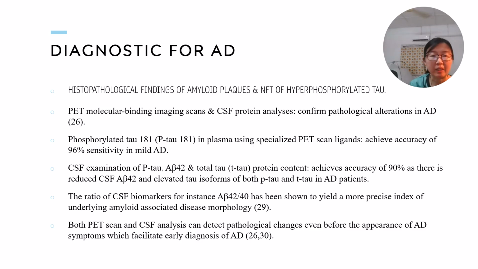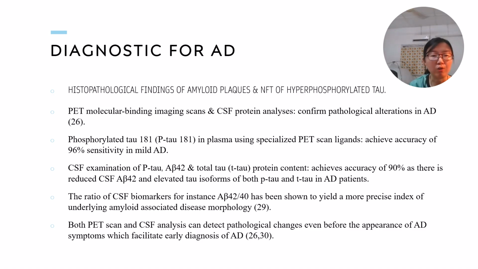Phosphorylated tau 181 in plasma, using specialized PET scan ligands, has reached an accuracy of 96% sensitivity in mild AD, whereas CSF examination of hyperphosphorylated tau, beta amyloid 42, and total tau protein contents has also managed to achieve an accuracy of 90%, as there is a reduced CSF beta amyloid 42 and increased tau isoforms of both the hyperphosphorylated tau and the total tau in AD patients.